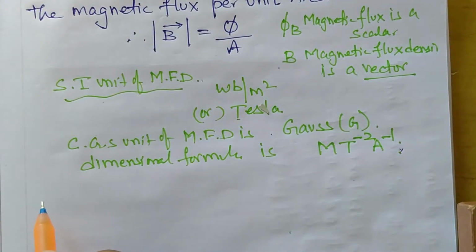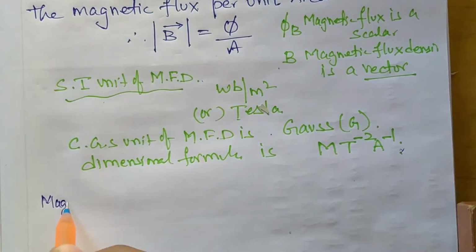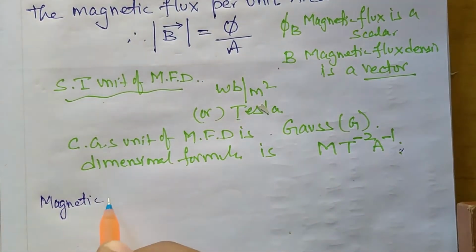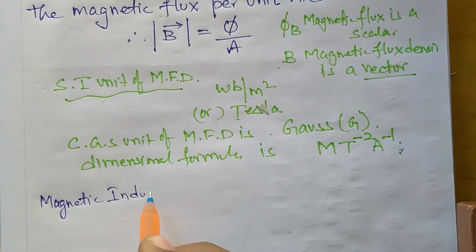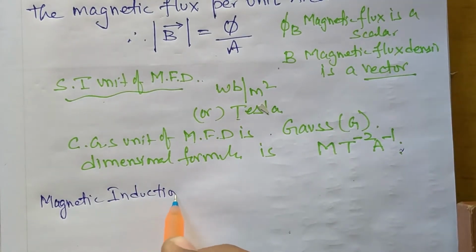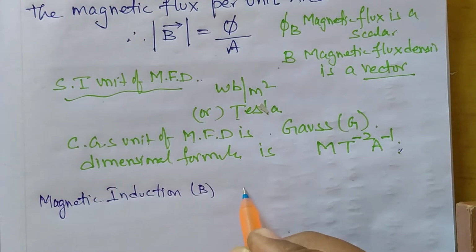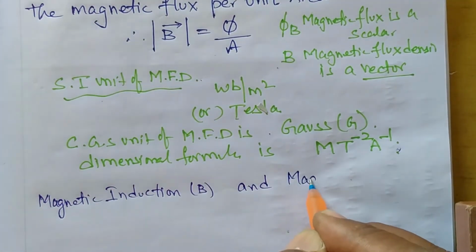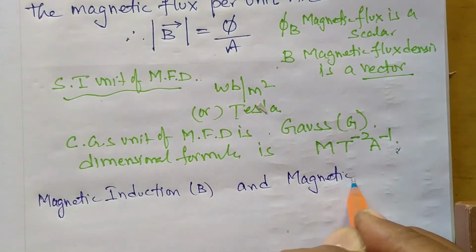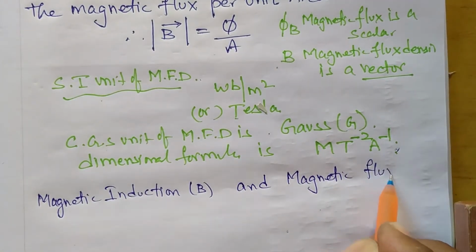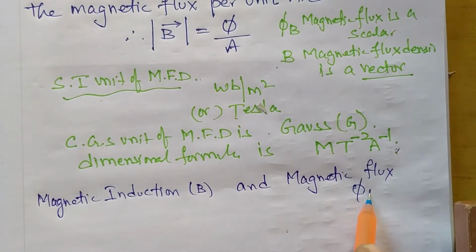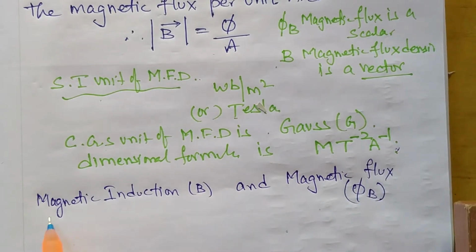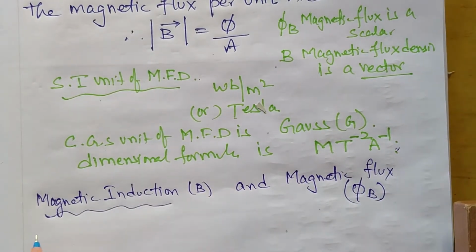Till now we have discussed magnetic induction and magnetic flux. Magnetic flux is denoted by phi B. What is magnetic induction?